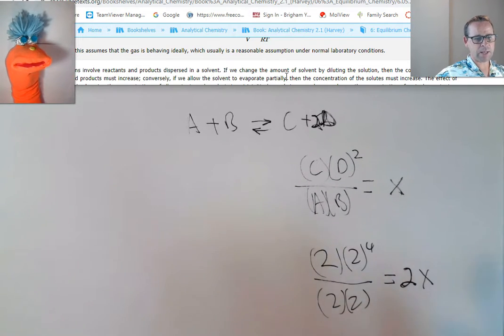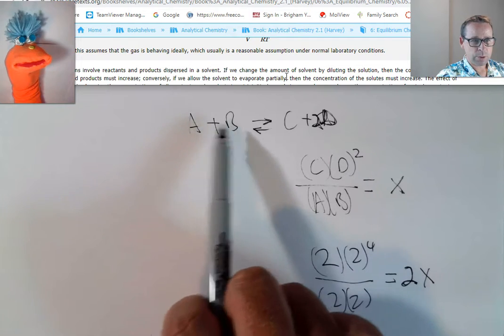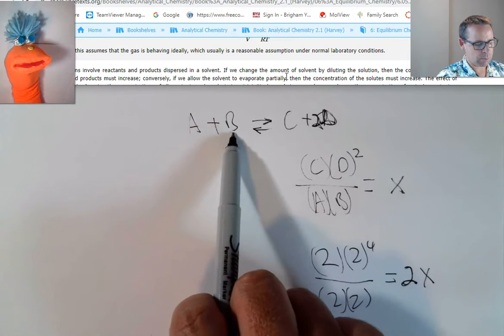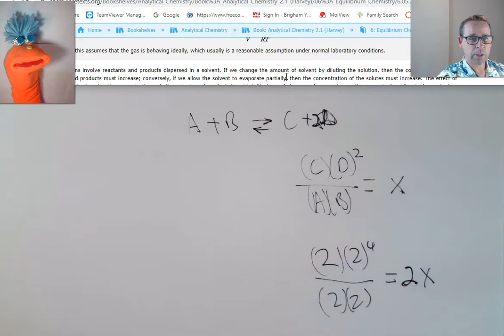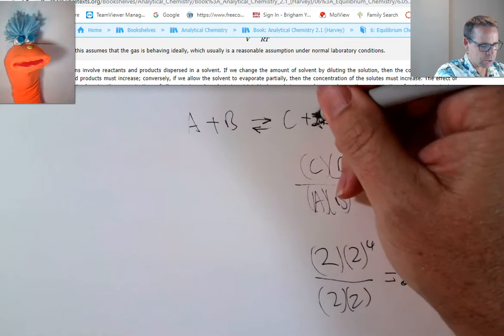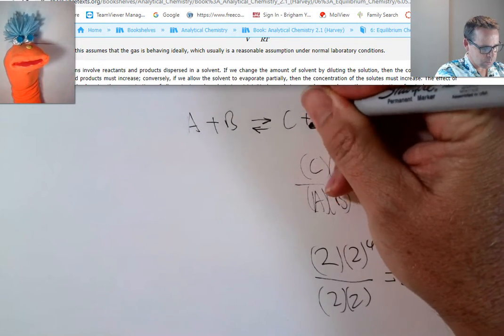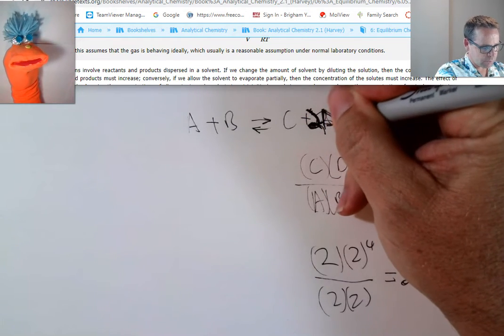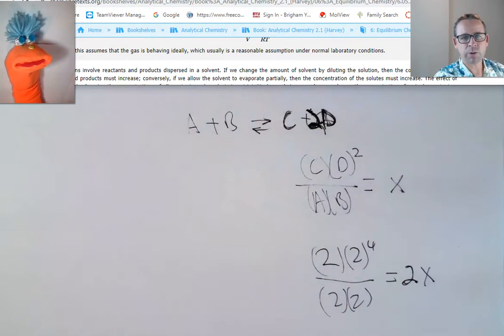Another way to think about that is here I have 2 species in equilibrium, and here I have 3 species in equilibrium. And for these 2 Ds to find each other and to find a C, it's more difficult, right?